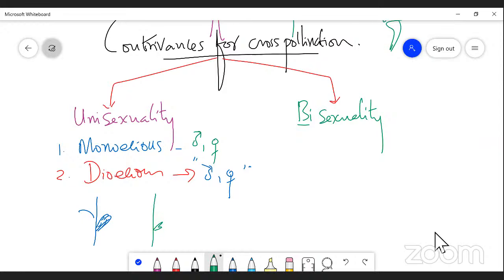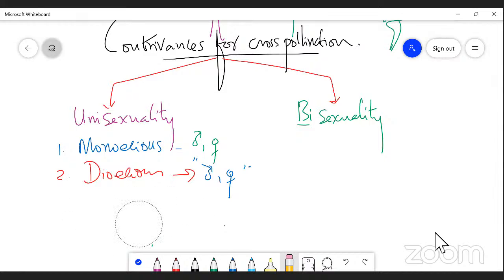It is the stigmatic region of the flowers you can see. It is simply the presence of male flowers and female flowers on different plants, not found in the same plant. That is called the dioecious category. This is also one of the reasons for cross pollination, right?